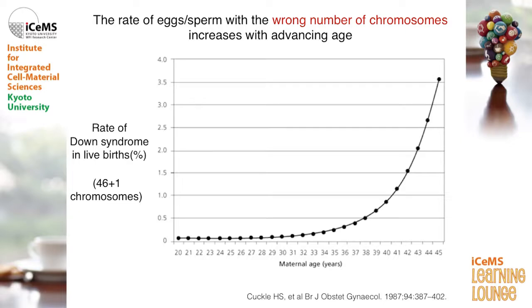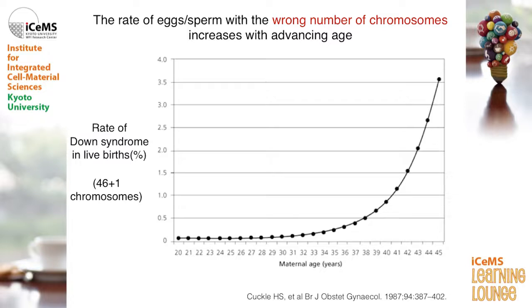In addition to that, the rate of eggs and sperm carrying the wrong number of chromosomes increases as we get older. Here I'm showing the rate of babies born with Down syndrome, who have 47 chromosomes, so one extra chromosome.